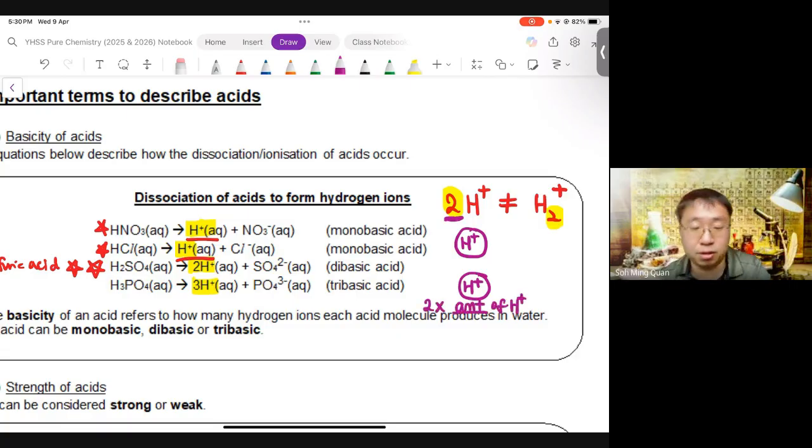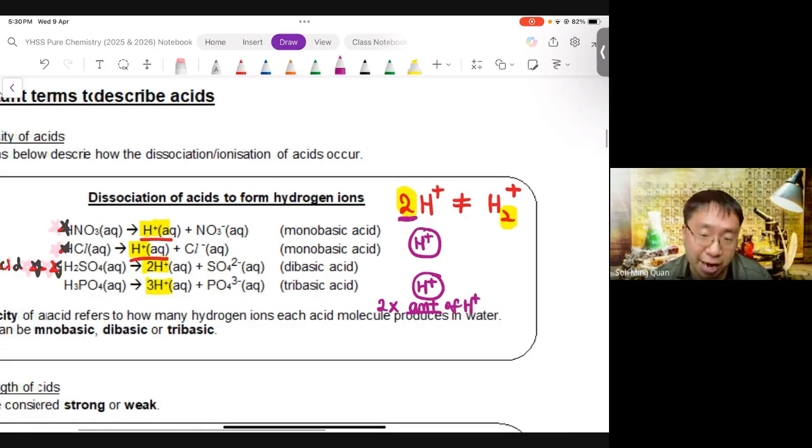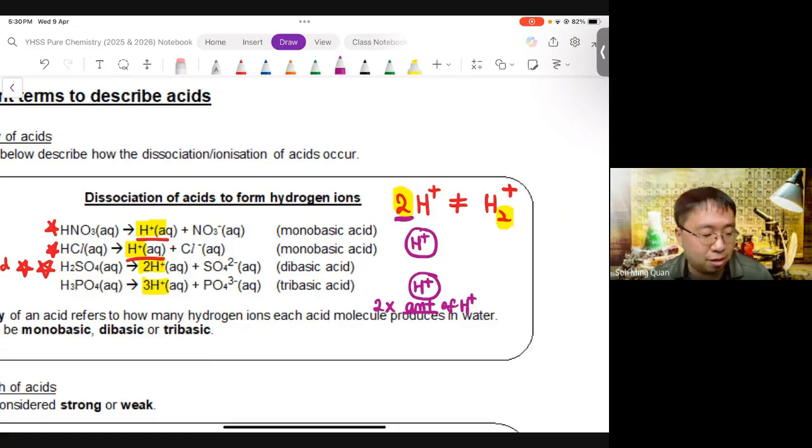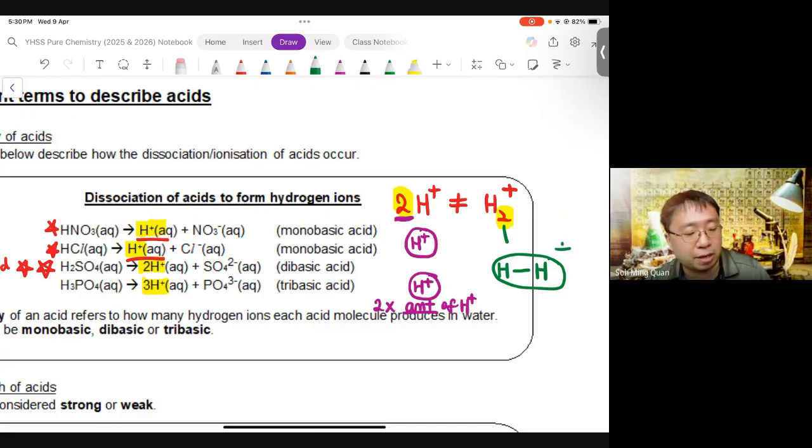It's a consideration of the amount. Whereas if you write H2+, the 2 is at the bottom, it means the two hydrogens are bonded to each other, and somehow the whole thing has a positive charge. So when you write the 2 at the bottom, it means it's bonded together.